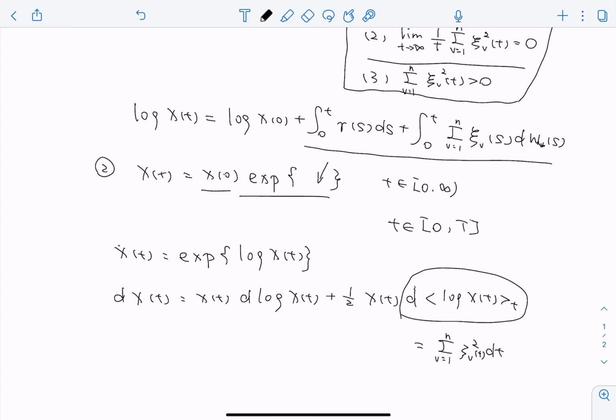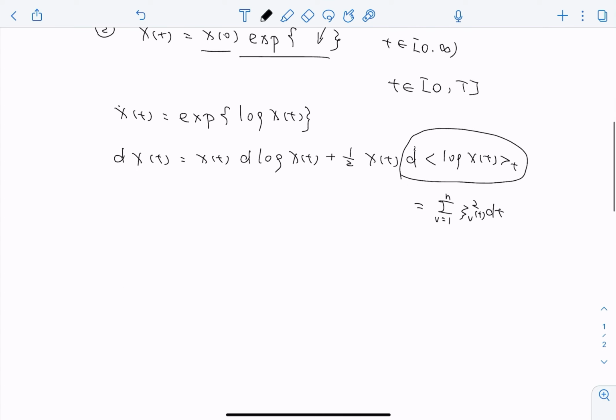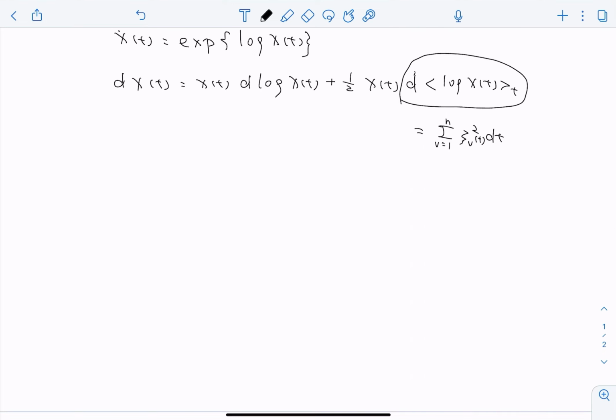When we consider the definition, we get a new stochastic differential equation, where X is also a continuous semi-martingale: dX of t over X of t equals gamma of t plus 1/2 of this term, dt, plus this one.